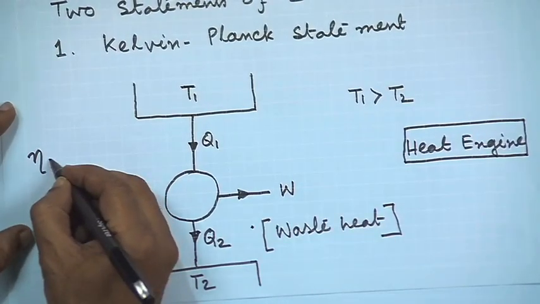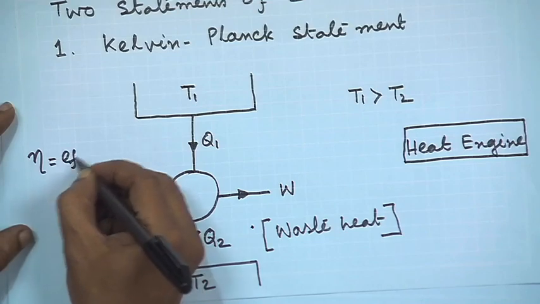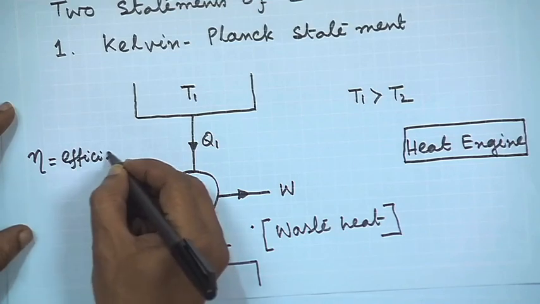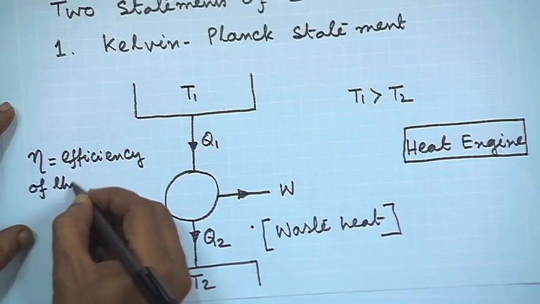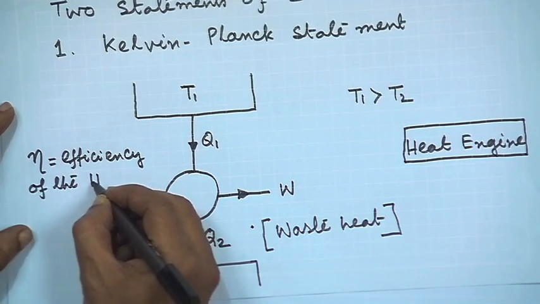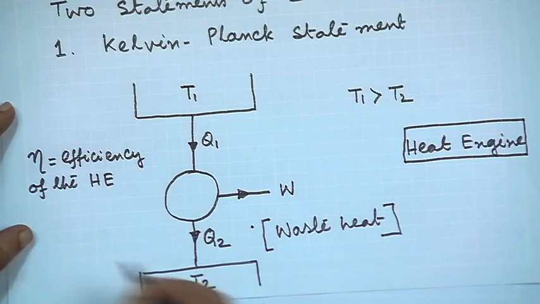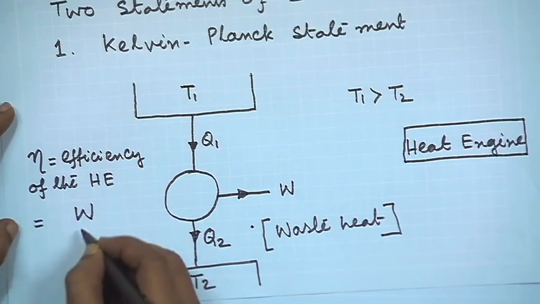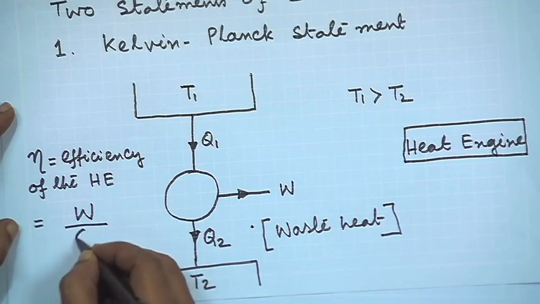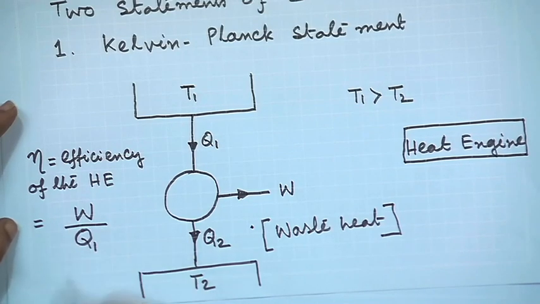Eta, that is efficiency of the HE, that is heat engine, is equal to whatever we get divided by whatever we have paid for.